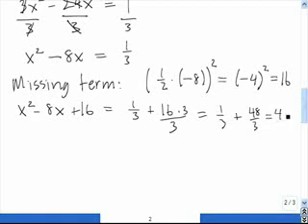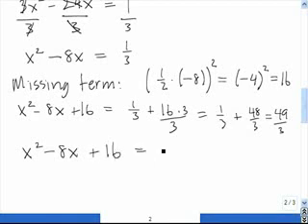And that simplifies to 49 divided by 3. Okay, so now we can rewrite our equation as x squared minus 8x plus 16 equals 49 divided by 3. Okay, now we've added the missing term on the left-hand side so that we have a perfect square trinomial.